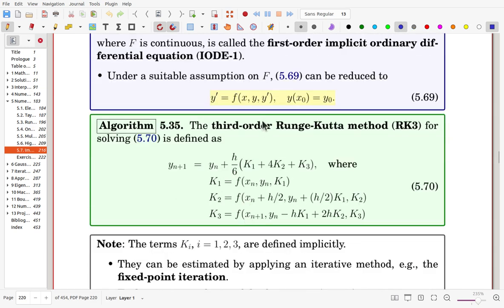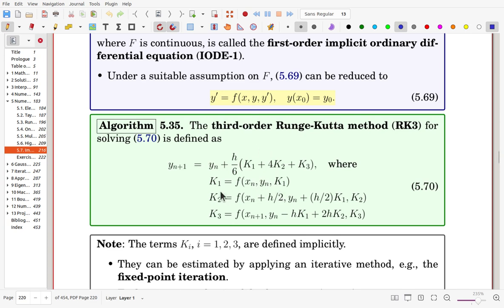Okay. Now for the problem, the third order Runge-Kutta method can be formulated in this way. Now we need 3 evaluations, with weights 1, 4, 1, and divide by 6, and here the grid size h. We have to solve here now for K1. K1 is at the left edge point, f of xn, yn, and K1.